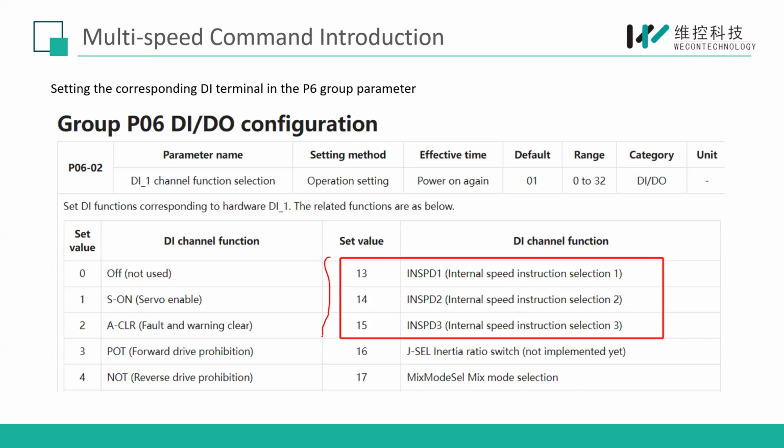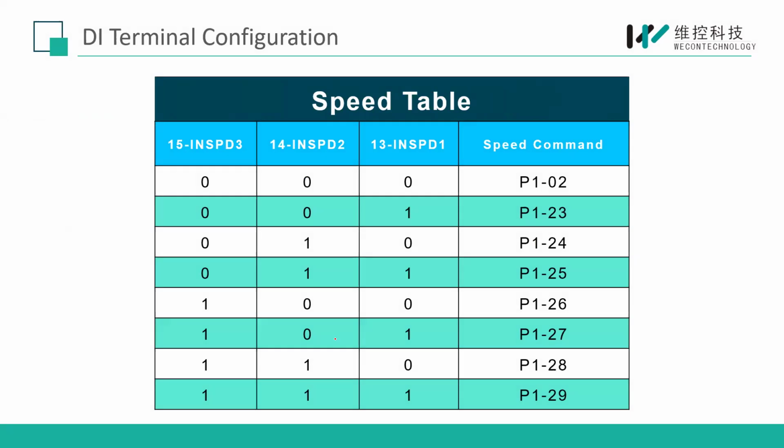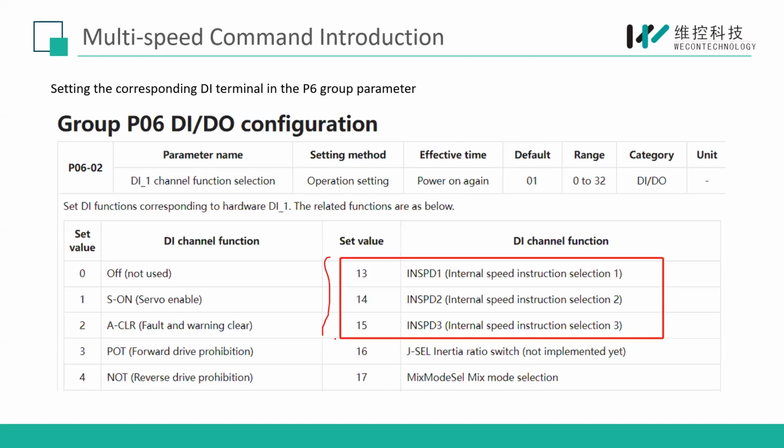For example, if we connect the servo to the PC software and select DI1 to control the servo enable, and DI2 to DI4 as IN SPD1 to IN SPD3. In addition, we need to pay attention to the input source.